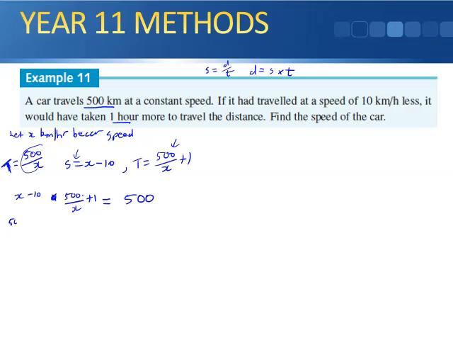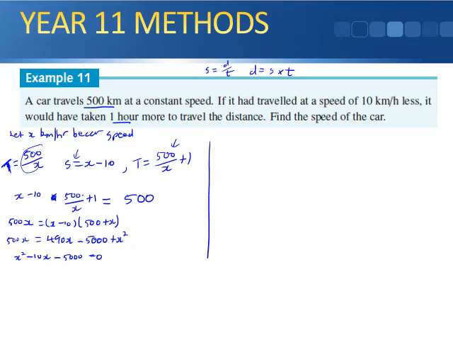When we work this out, I get 500x equals x minus 10 times 500 plus x, and I get 500x equals 490x minus 5,000 plus x squared. I'll put it all on one side, so I get x squared minus 10x minus 5,000 equals 0.